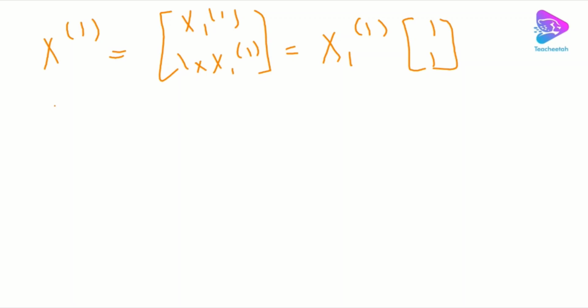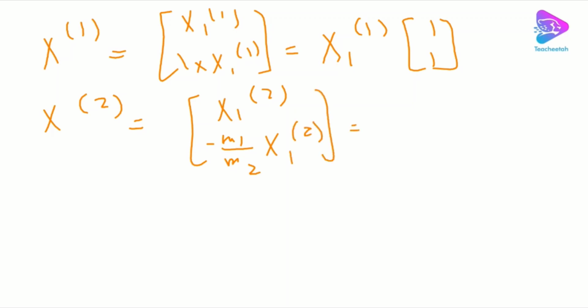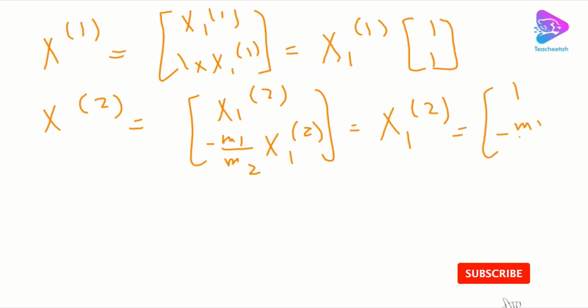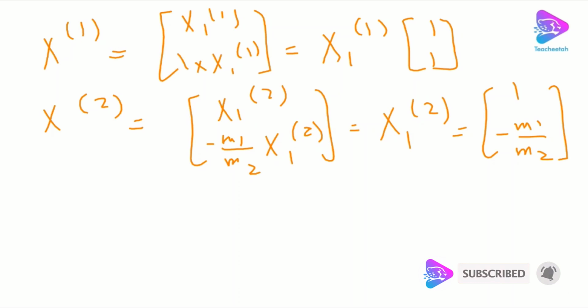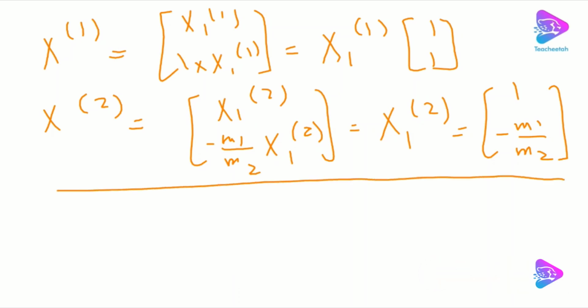Then x2, the second mode shape, is x12 times r2, which is minus m1 over m2. Again, we can factor out x12 and we get (1, minus m1 over m2), right? So finally we need to combine the two mode shapes to find the response of the system.